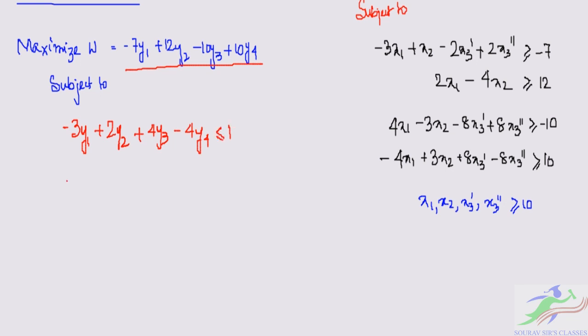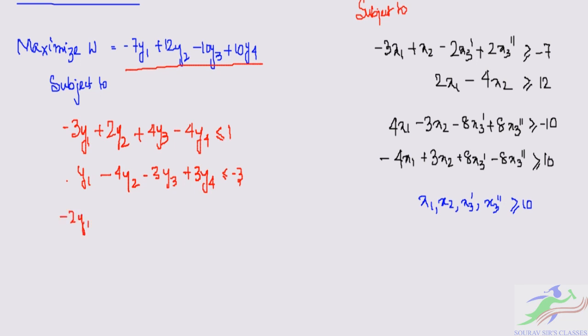And so from here you can get that y1 minus 4y2 minus 3y3 plus 3y4 should be less than or equal to minus 3.